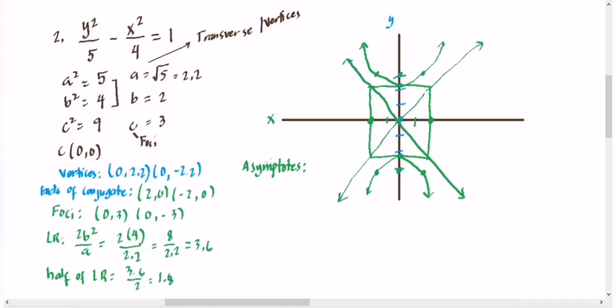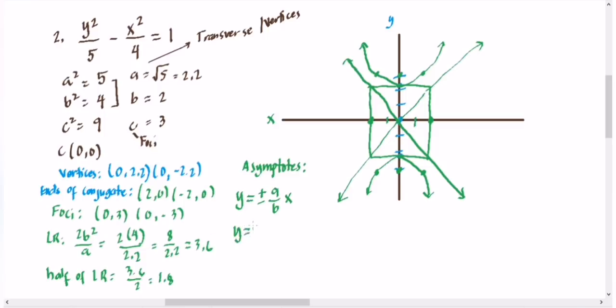So, meron tayong formula. Since ang itsura natin ay upward, downward yung hyperbola, ang gagamitin nyo ay y. Laging y yan pag asymptotes. Then, plus minus a over b. Then, lagay mo ng x. Yan yung equation natin ng asymptotes of the hyperbola center at 0, 0.